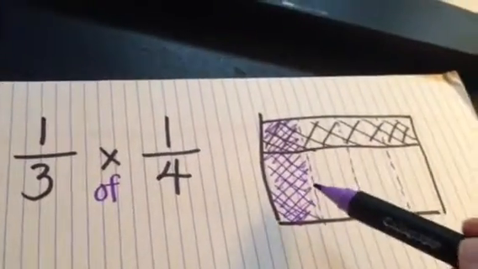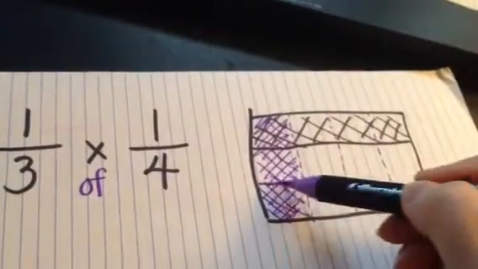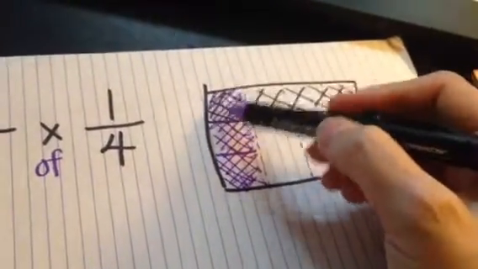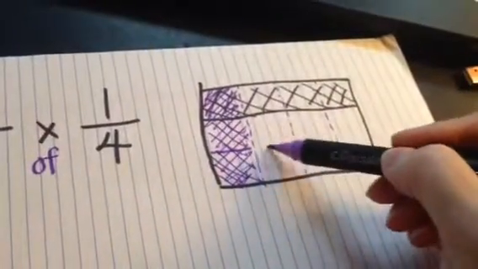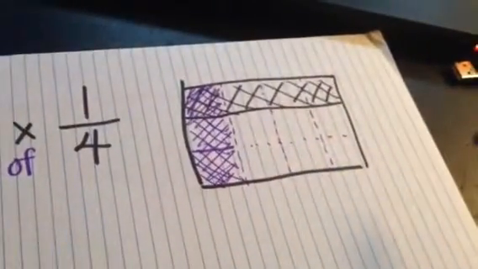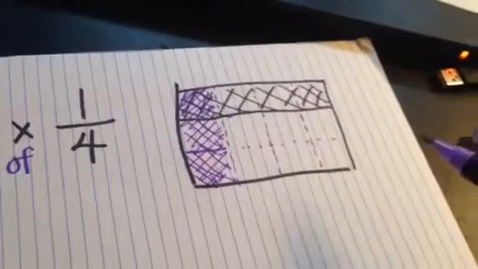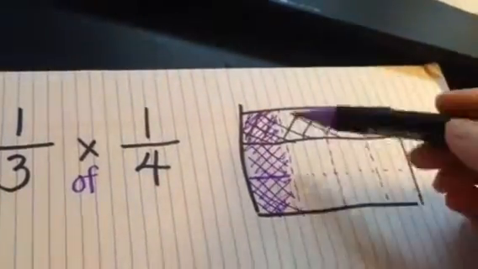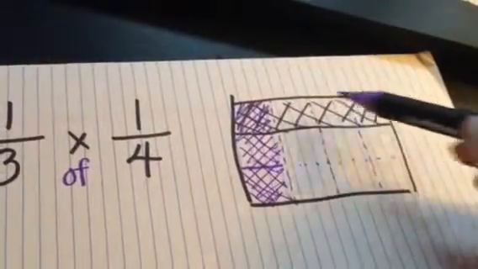So we have 1/3 of a quarter, and in this case you can see that I've got the quarter piece is this purple, and so I've got 1/3 of it, because if you imagine the whole thing is divided into thirds in the horizontal direction.